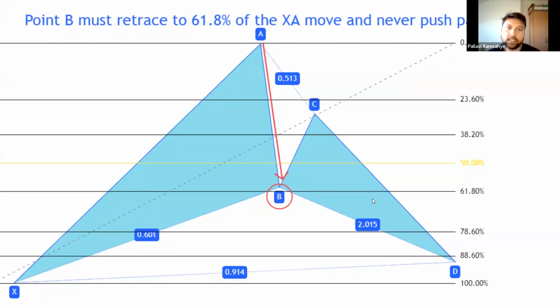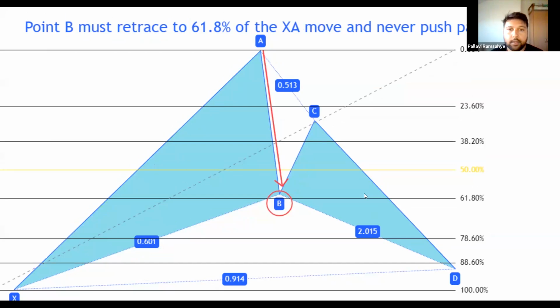Now, the second part of this pattern, we are looking for point B, okay? What we're looking for in point B is a retracement from A down to B. And this retracement has to be to 61.8% of the XA move, okay?